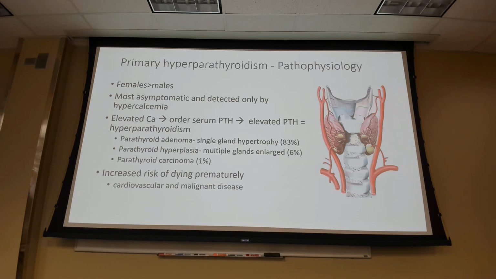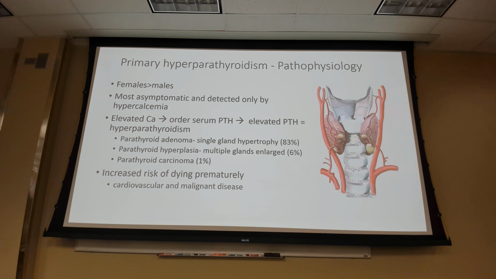But who gets it? Females more commonly than males. Usually they're asymptomatic, and we just notice it on an electrolyte panel or a BMP or CMP when we're evaluating them. But we'll have an elevated calcium. If you have an elevated calcium in a patient, then you just order a serum PTH. And if that's elevated, that's diagnostic for hyperparathyroidism.